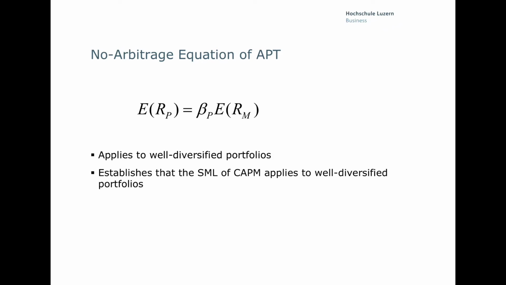Therefore, we can write the non-arbitrage equation of the arbitrage pricing theory for any well-diversified portfolio as follows. The expected excess return on portfolio P is defined by the product of its beta and the risk premium of the market index.